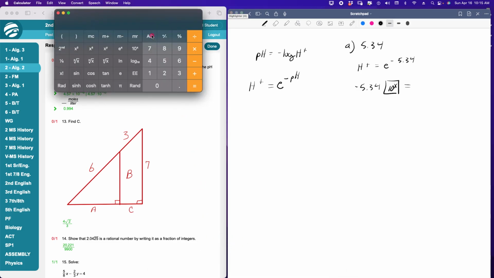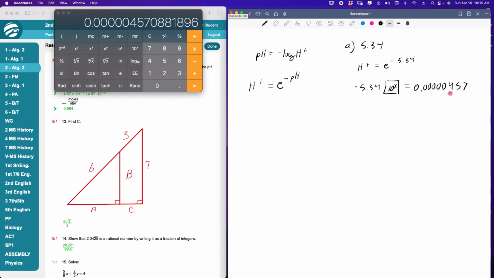let's see what we get. We get 5.34, make it negative, and then the 10x key, we get this number, right? So let me write that down. That's 1, 2, 3, 4, 5 zeros, then 4, 5, 7. The next number is a 0, so I'm going to stop there. We don't want to write that number.